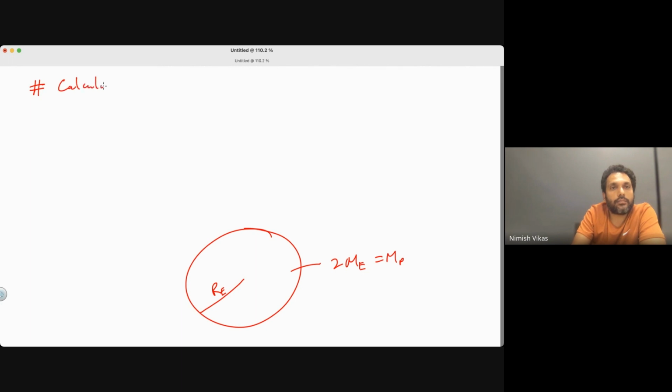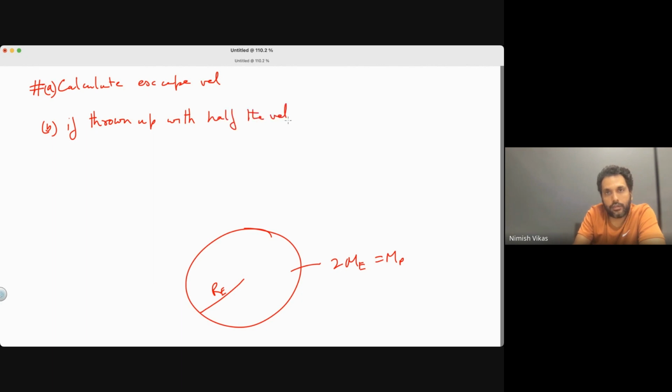Calculate escape velocity. Once you have done that, part A, as homework you do that: if thrown vertically up with half the velocity in part A, so I'm depending on the right answer of part A, find or calculate how far it goes. Don't look at the board, start doing, calculate the escape velocity.